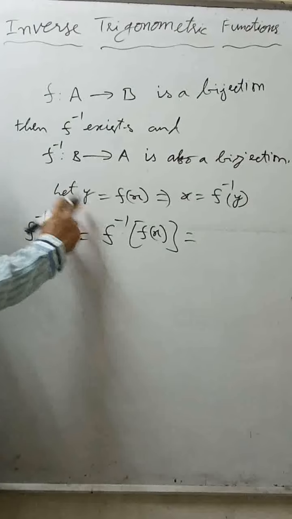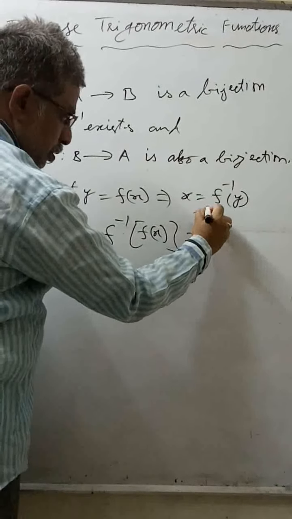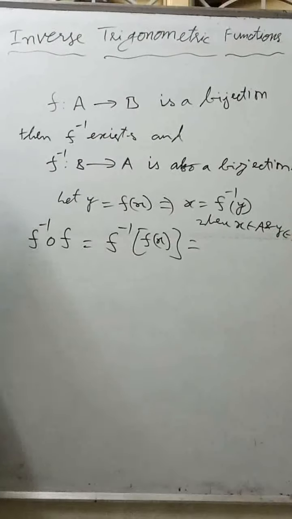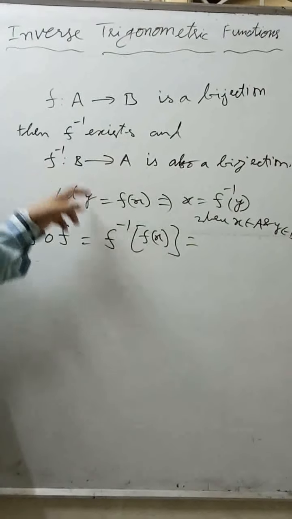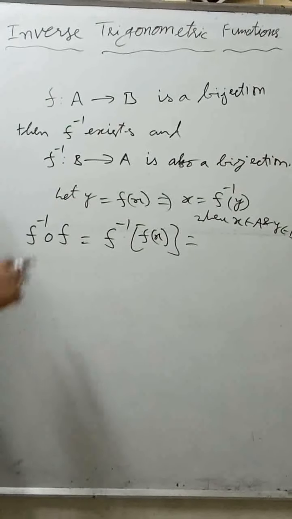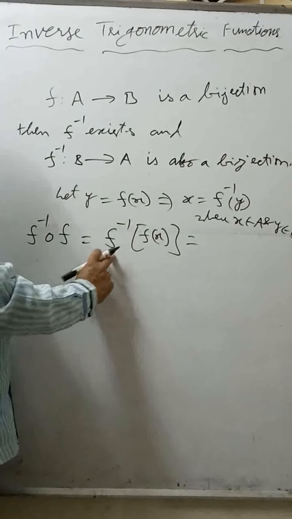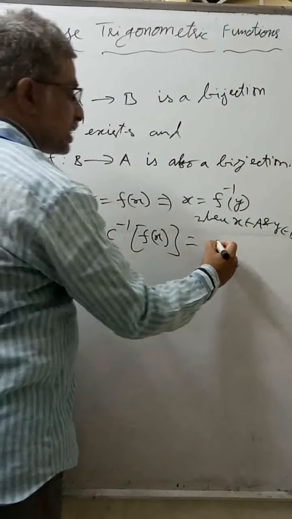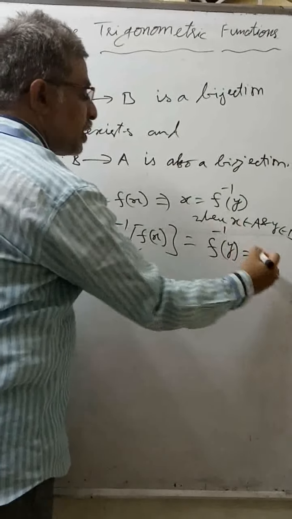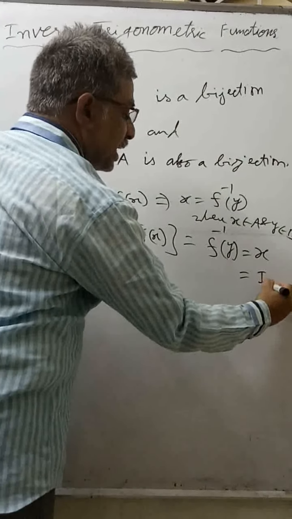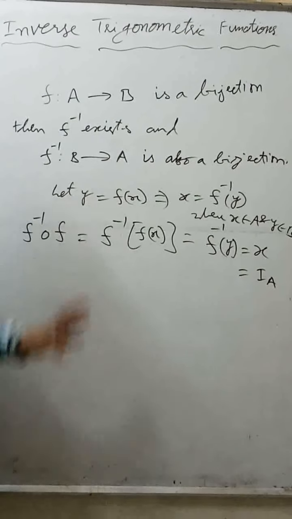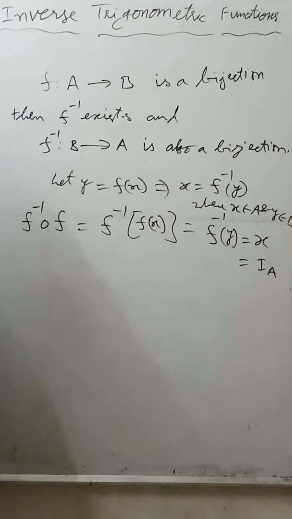Here x belongs to A and y belongs to B. X is an element from the domain, y is an element in the codomain. f of x is y, we assumed, then f inverse of y is x. This only we said as IA, identity in A.